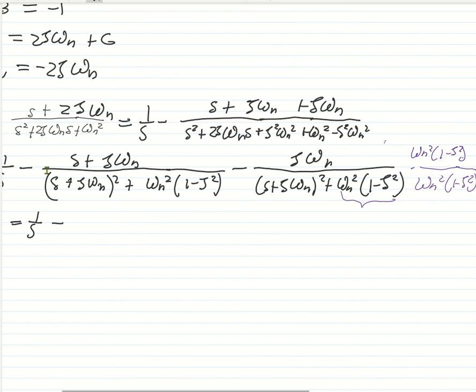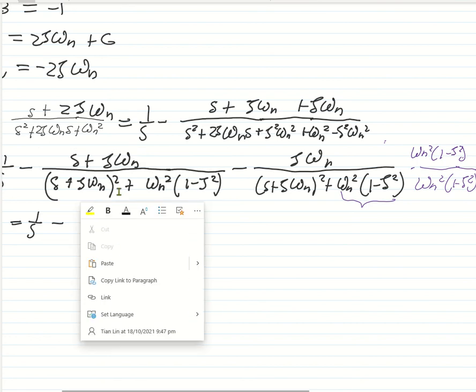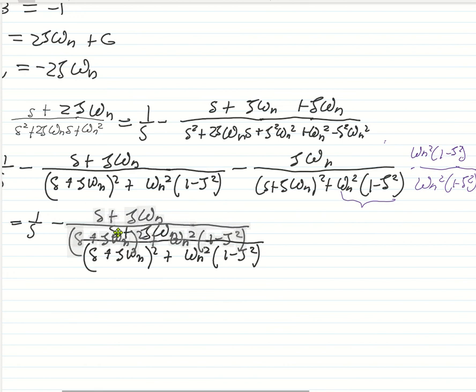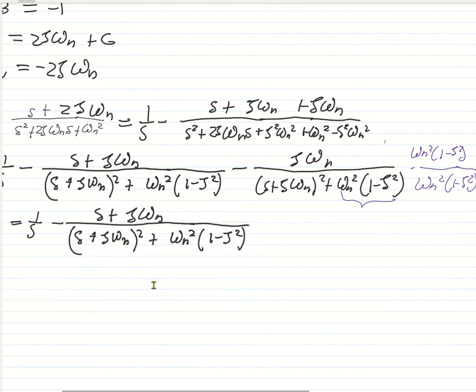Just copy this one here. Then the last one, this will be minus zeta all over, we have only 1 omega n remaining, then also 1 minus zeta squared.